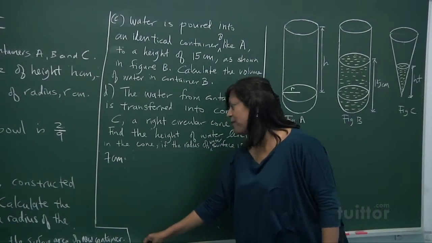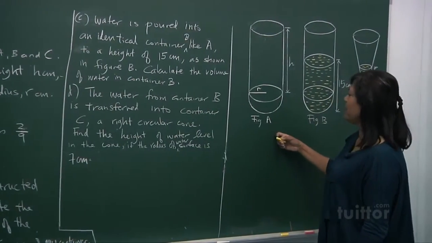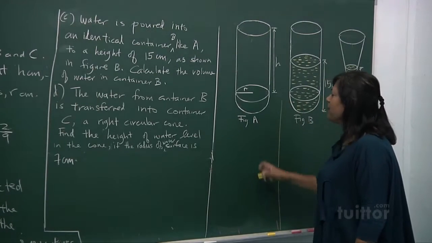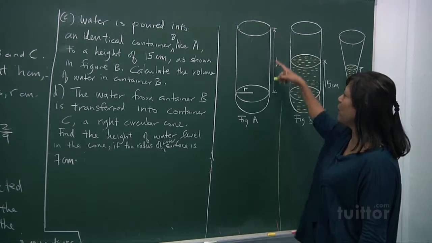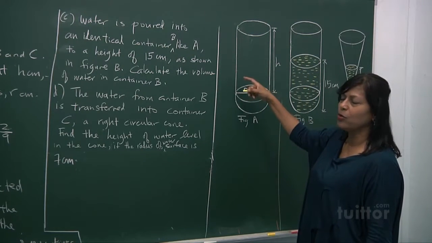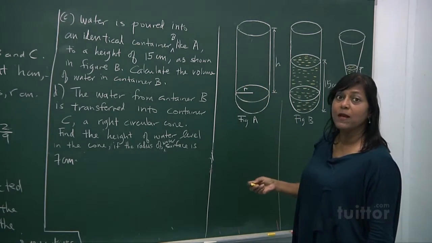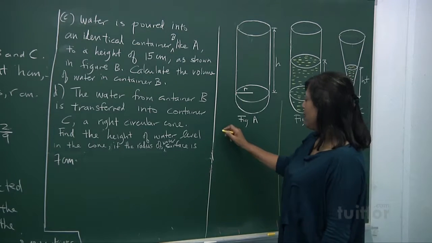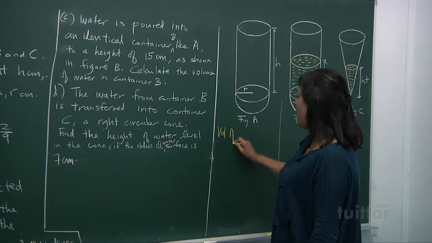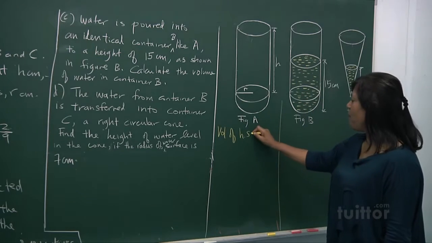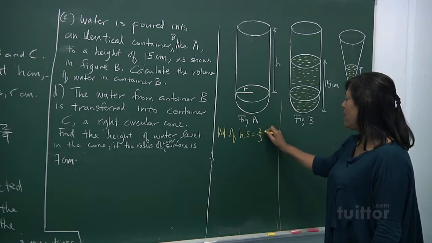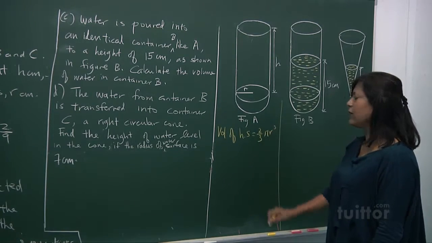Let's go to this part of the sum and see what can be done. Look at this figure A, that's what they're referring to. This bowl is 2/9 of the total volume, and the total volume is 81 pi. So the volume of the hemisphere, HS, is 2/3 of pi r cube.